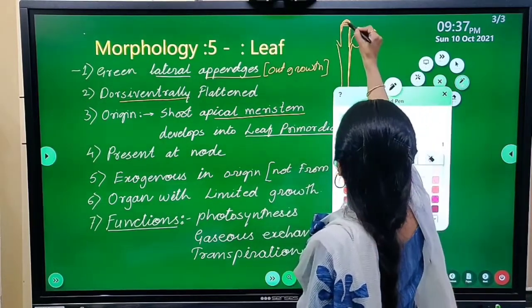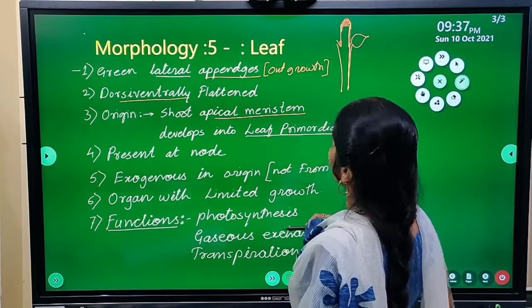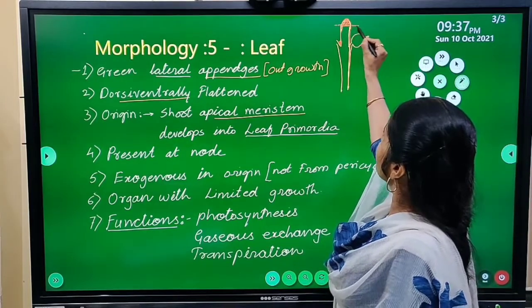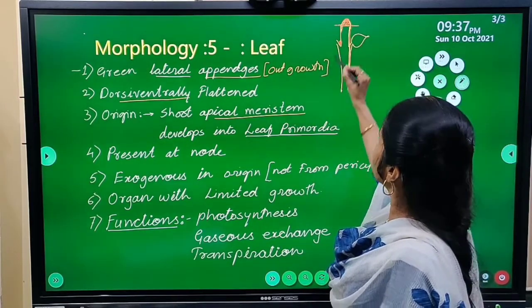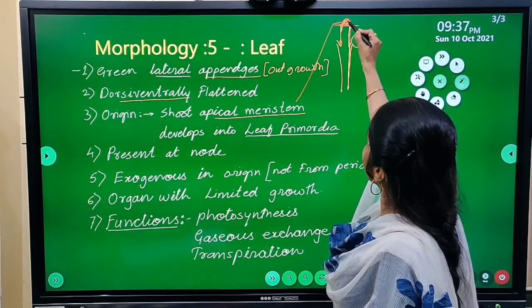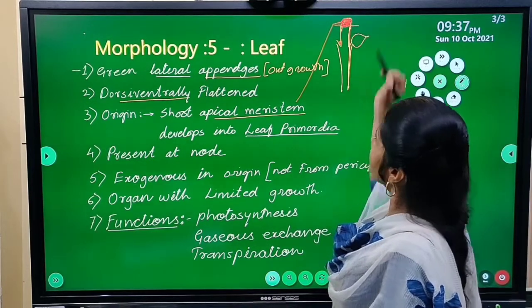Okay, so see, growing apices are present here and even in the node. So the meristem which is present at apices is called apical meristem. This is apical meristem, right?